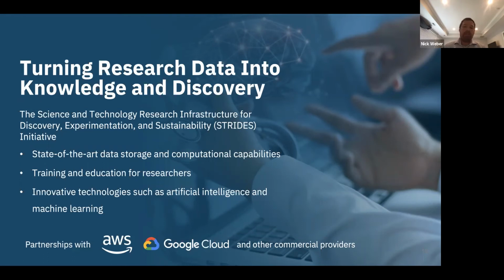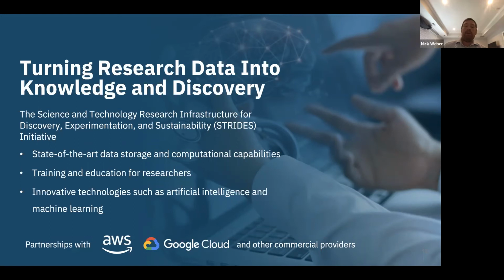What we're trying to do is make strides, or headway, in making this an easy option, where it makes sense, for researchers to use these technologies and apply them to the work they're doing. I like to say that STRIDES is not a destination. It's not a place for me to put my data. That's not what STRIDES is.